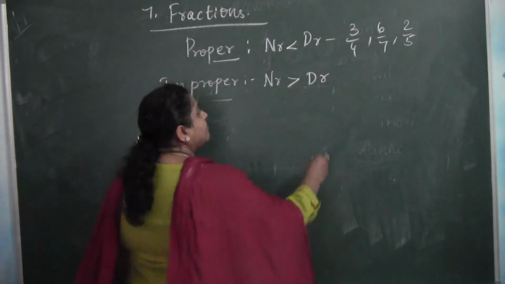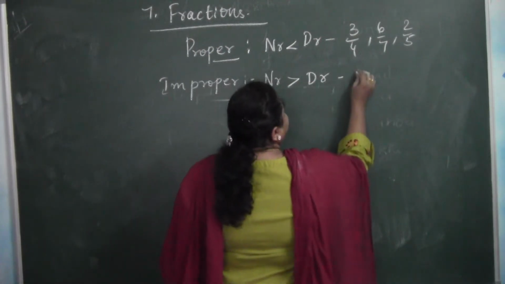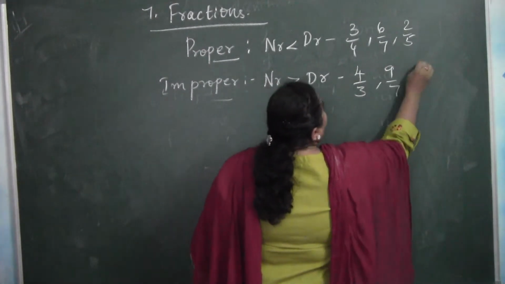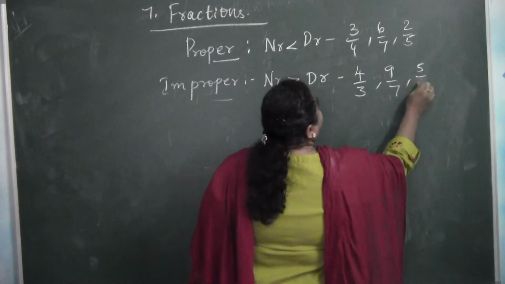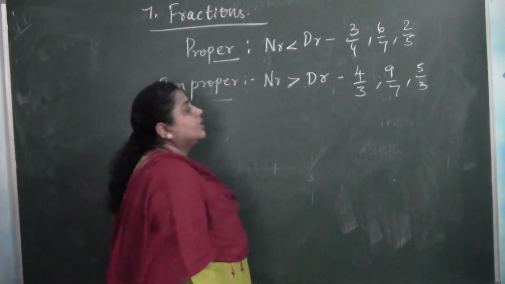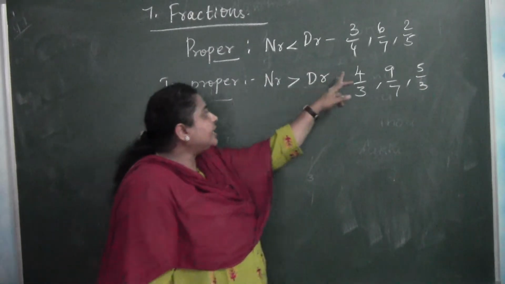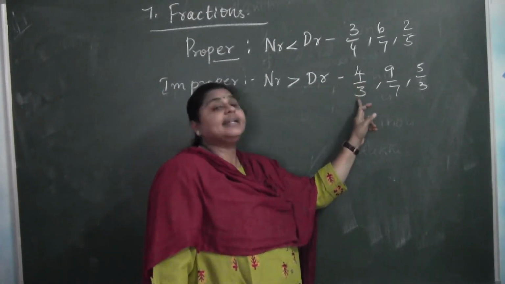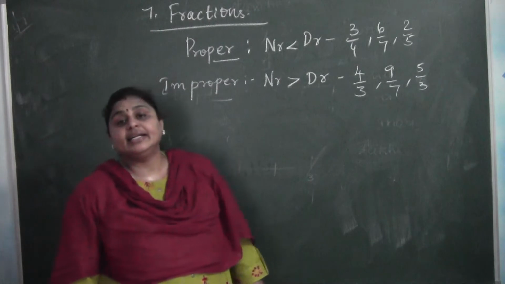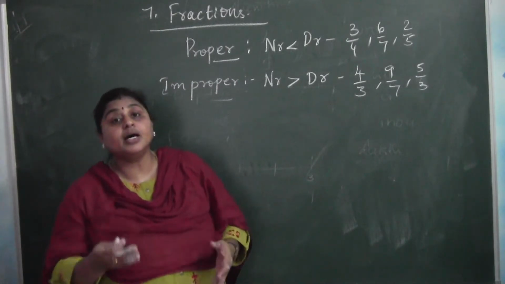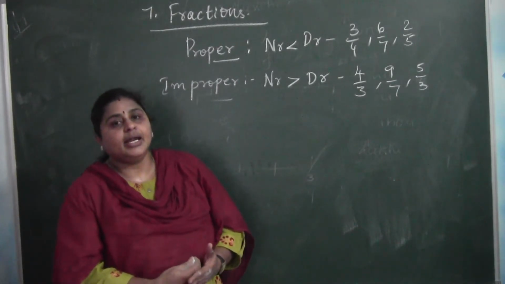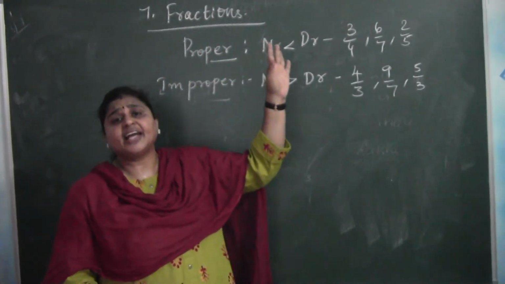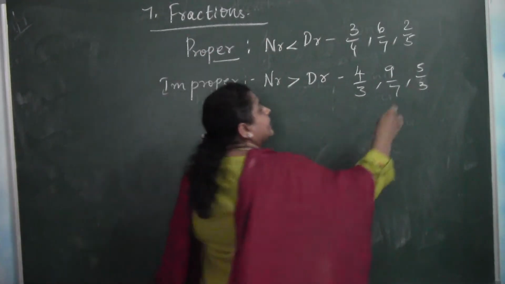Now what are examples? Let us reverse that: 4 by 3, 9 by 7, 5 by 3. Got it? If the numerator is greater than the denominator, then it is an improper fraction. And all the proper fractions are less than 1.